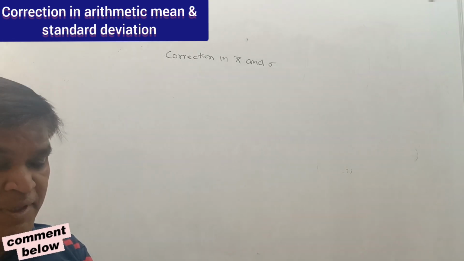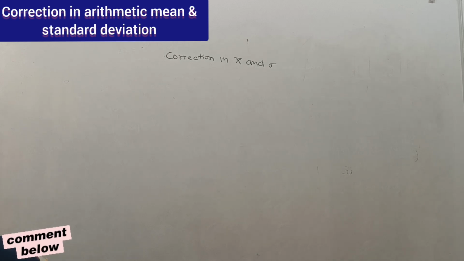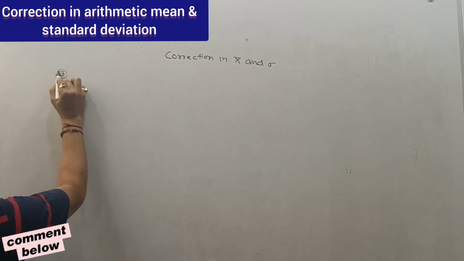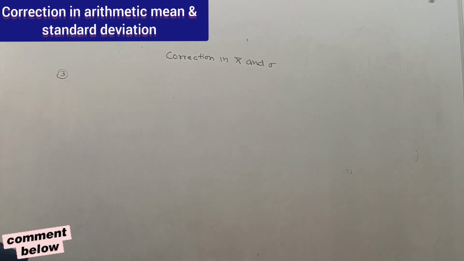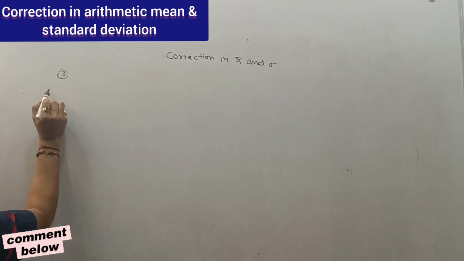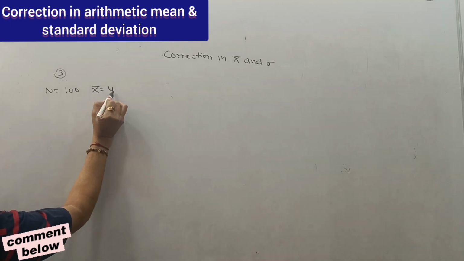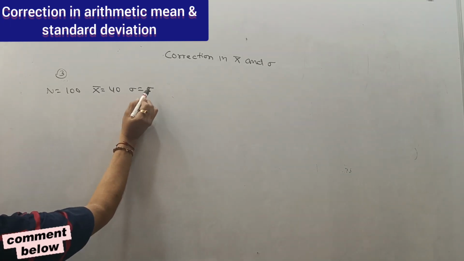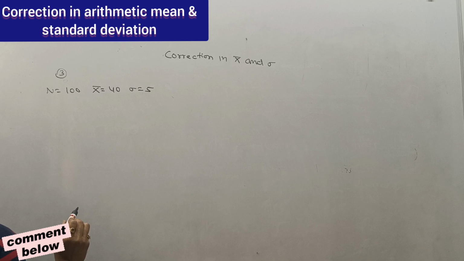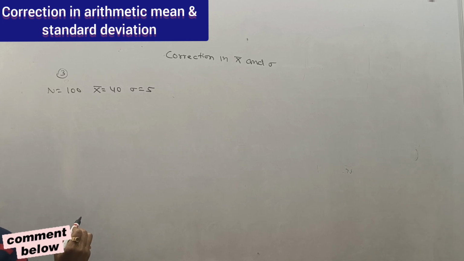I am taking another question, that is question number 3 of the same video. The mean and standard deviation of 100 items were found to be 40 and 5 respectively.